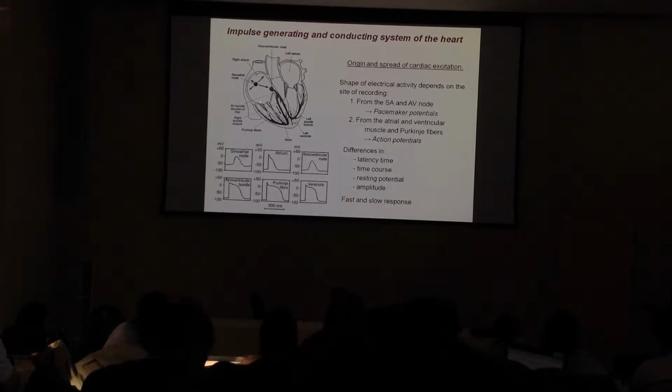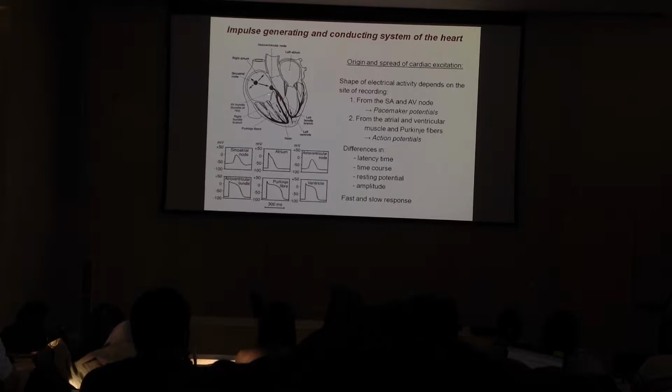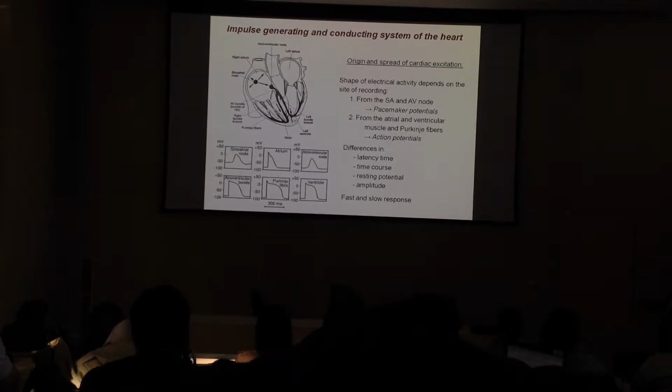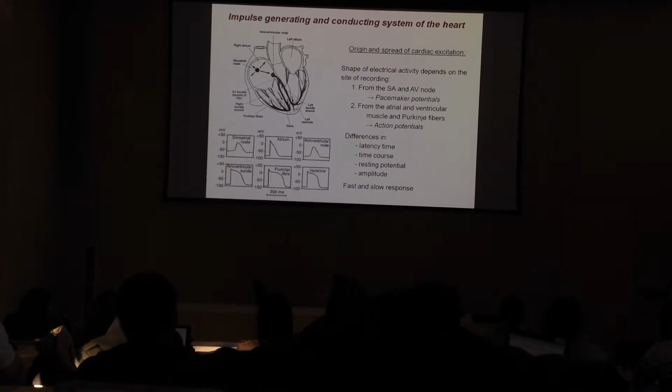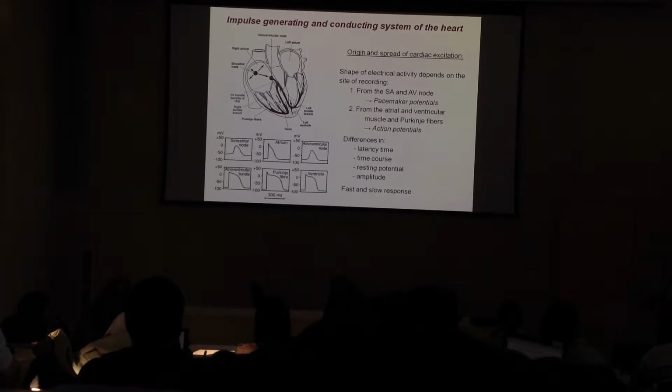These action potentials propagate along the atrial wall cardiac muscle cells. They reach the atrioventricular node and propagate further to the ventricular muscle fibers.